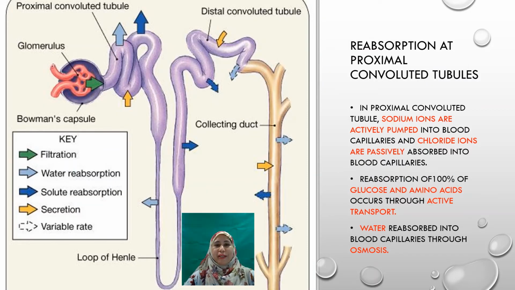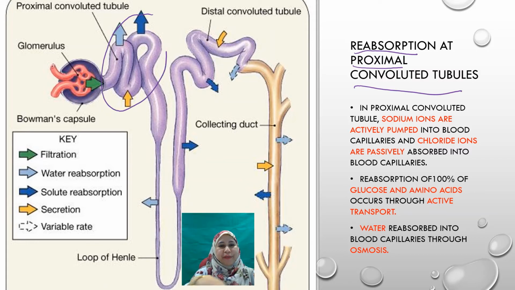Now we look at the process of reabsorption at the proximal convoluted tubule here. In the proximal convoluted tubule, sodium ions are actively pumped, meaning using active transport, out to the blood capillary.